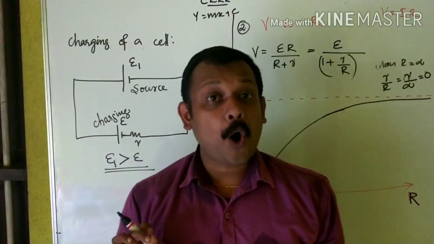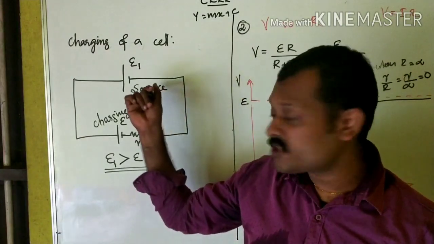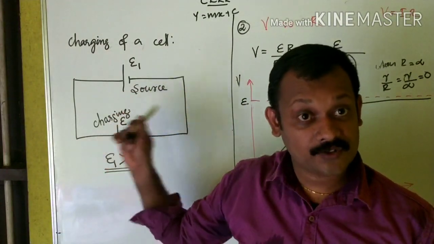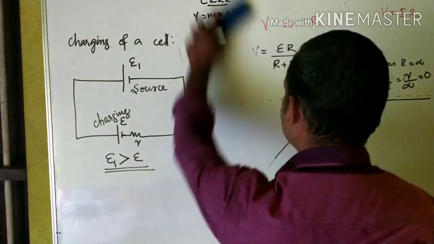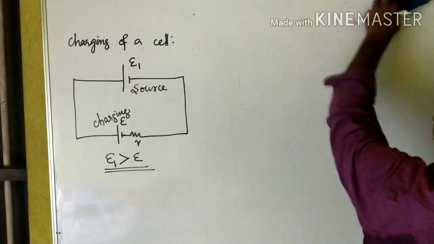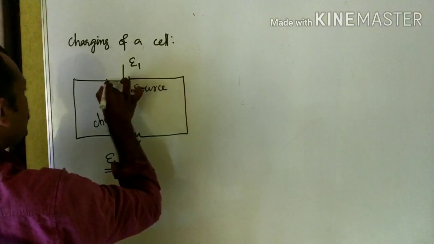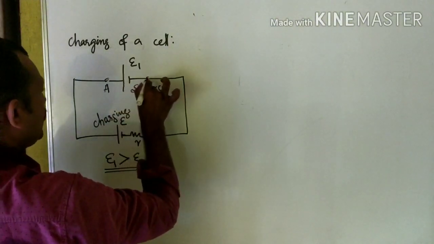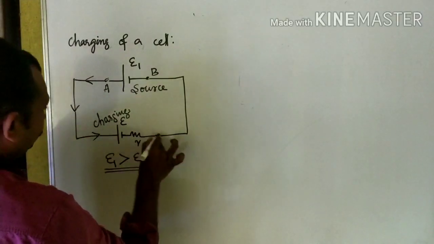The most important requirement for charging a cell is that the source must have higher potential compared to the charging cell. In this case, I consider the source cell to be ideal. That is why I am taking its resistance to be negligible. Let us take this point as A and this point as B. The current is directed in this way.